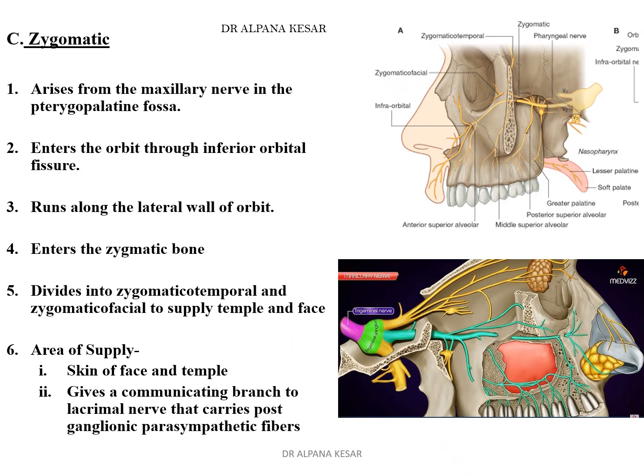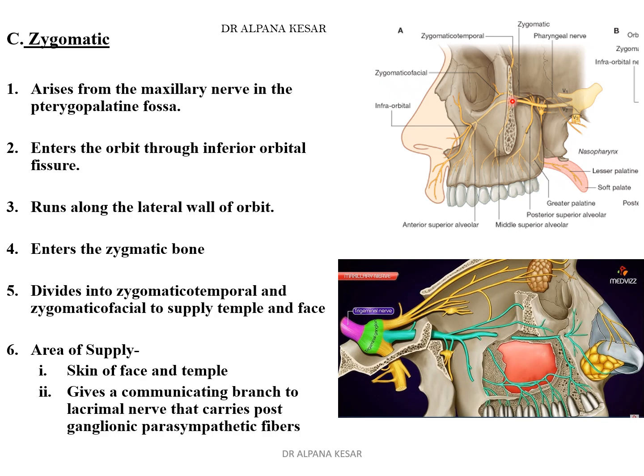The third branch of maxillary nerve is zygomatic nerve. Zygomatic nerve arises from the maxillary nerve in the pterygopalatine fossa. It enters the orbit by passing through inferior orbital fissure.